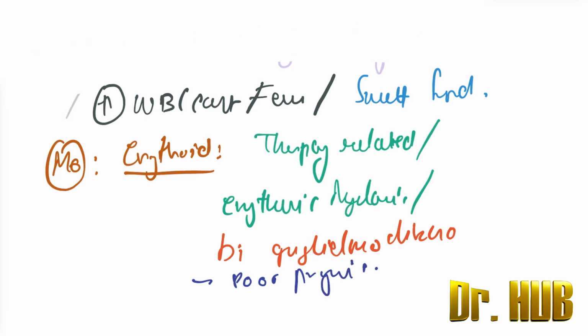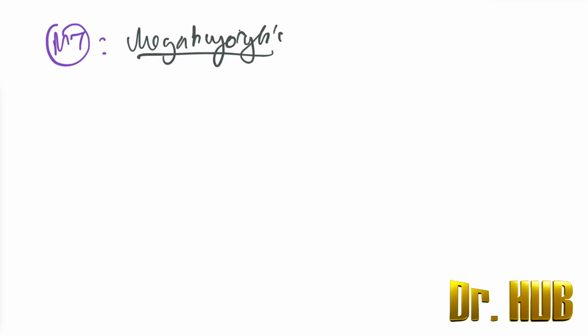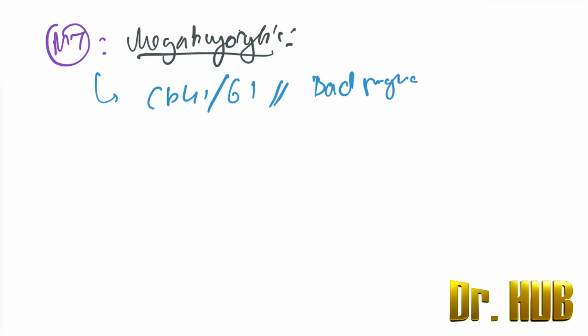Then we look at M7. So what is meant by M7? M7 means it is megakaryocytic. What are some important points here? There is CD41 as well as CD61, and it is a bad prognosis.